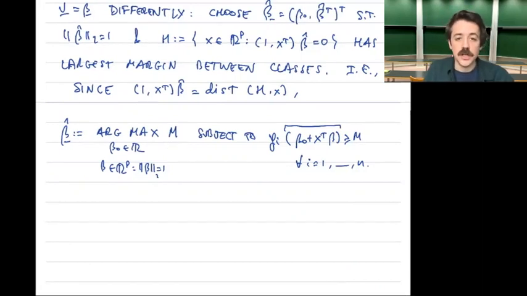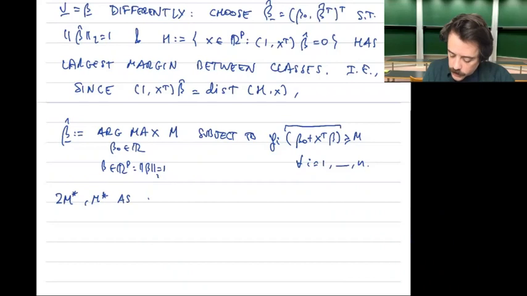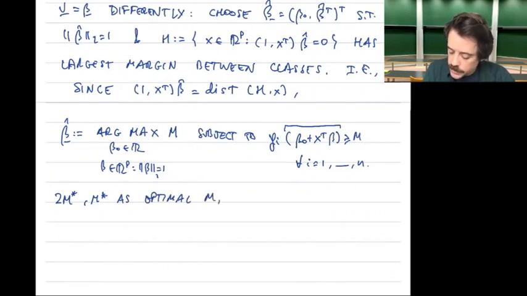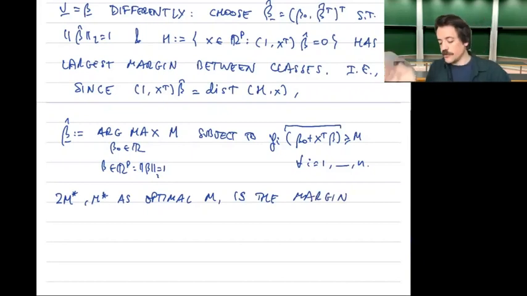The margin is 2M, and M star is optimal, because we have one M for each side.